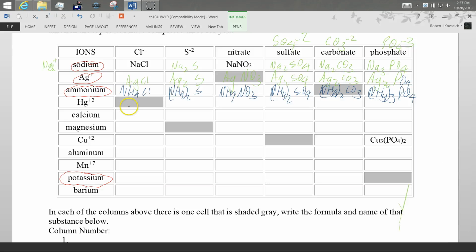And so my mercury(II) chloride is going to be HgCl2, and then HgS, and then Hg(NO3)2. And then I've got an HgSO4, and an HgCO3, and an Hg3(PO4)2. Are we okay with all those guys?